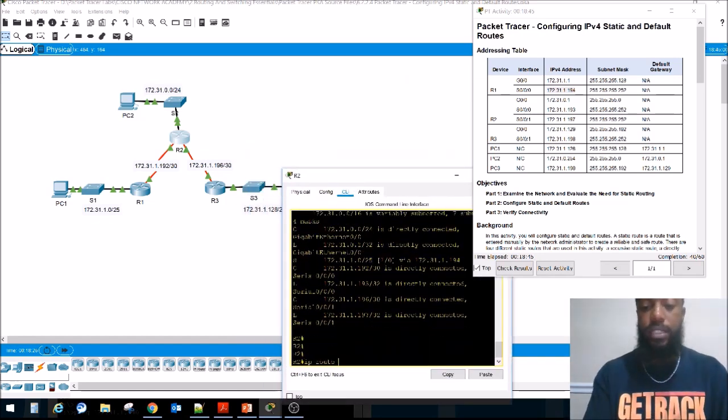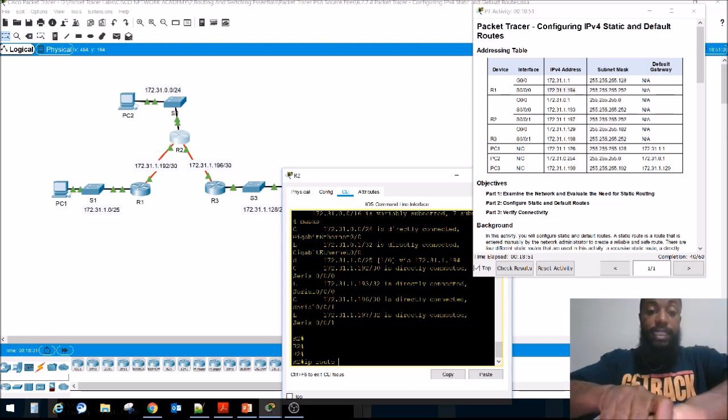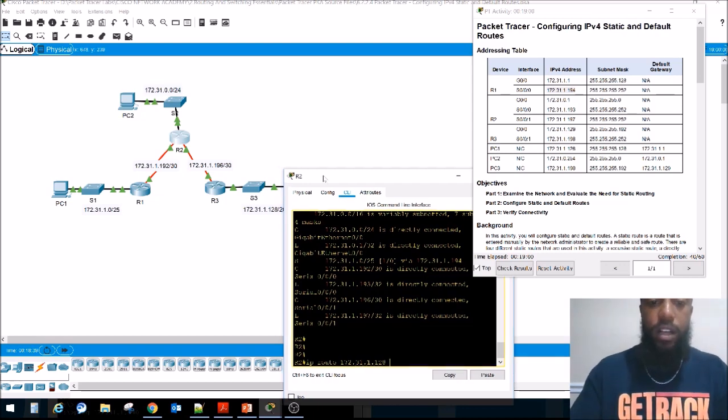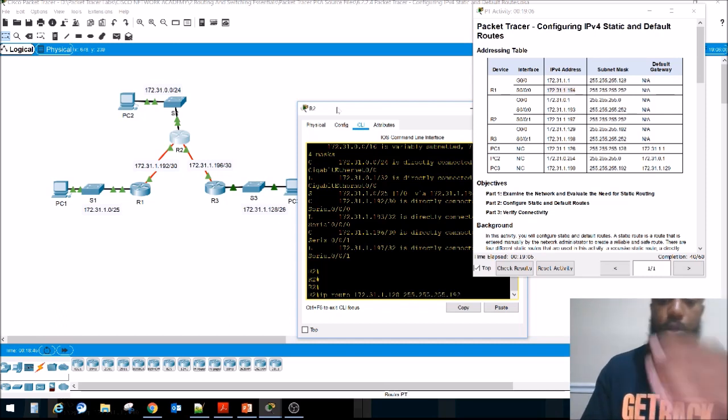IP route. I know I didn't show y'all, this is supposed to be a video on default routes. I believe the last step is going to be the default route. IP route to get to the 172.31.1.128 network. Subnet mask is 255.255.255.192.